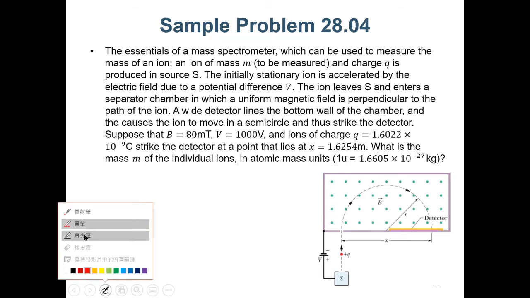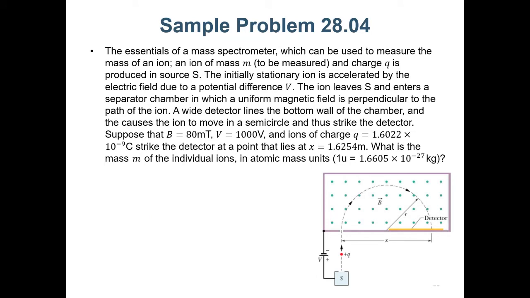So we have another sample problem. The essential part of the mass spectrometer can be used to measure the mass of an ion. An ion of mass M and charge Q is produced in the source S. The source emits a charge, and there is a slit, so that it goes vertically up and enters this spectrometer.